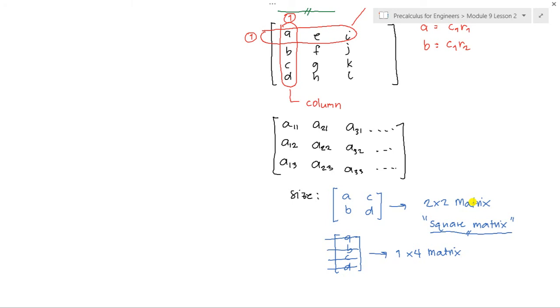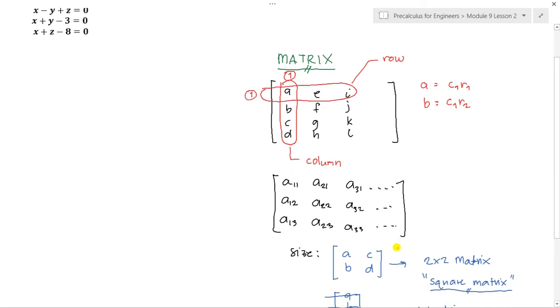Dili kalimtan ang square matrix kay gamit ni siya especially pag solve nato mga system of linear equations. So when we say square matrix, the same ang number of columns and number of rows. Kaning 1 by 4, this is not a square matrix kay gamay ra siyang column, daghan siya og rows. So maintindihan nato ang matrix comprises of elements arranged in row and in column.